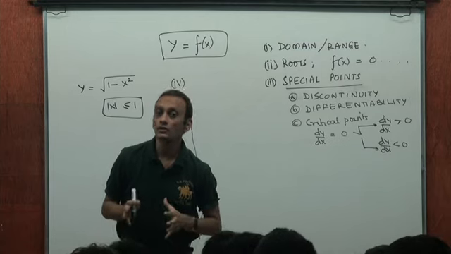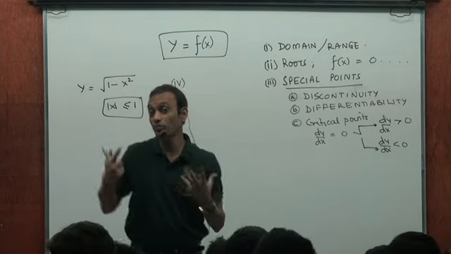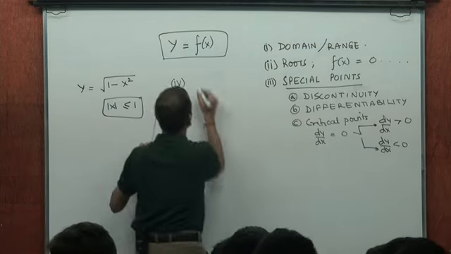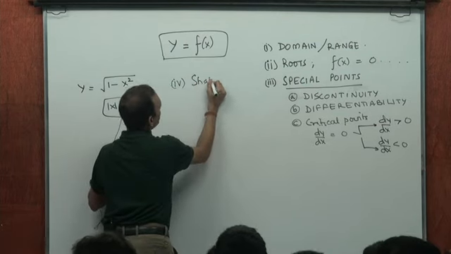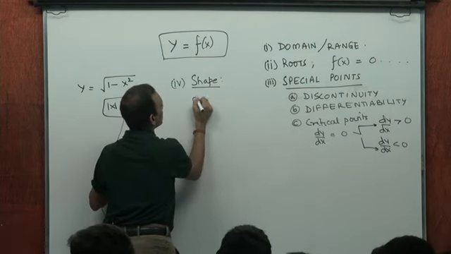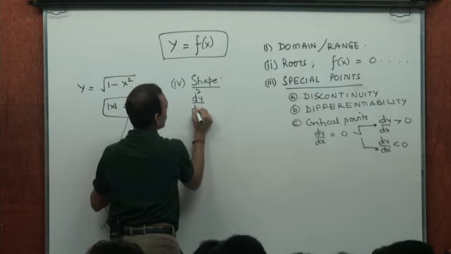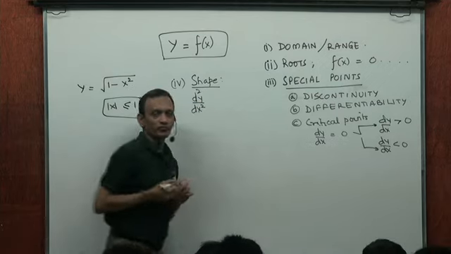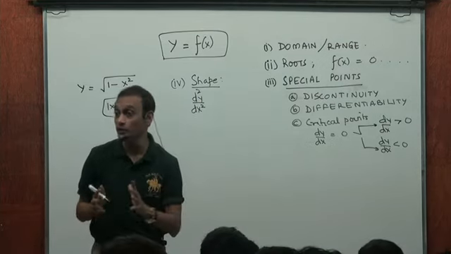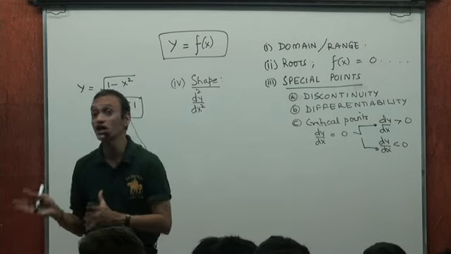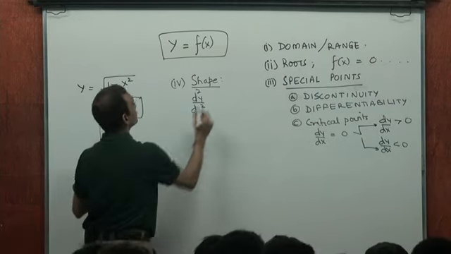Sometimes the shape of the curve, how do you check the shape of the curve? d2y/dx2. Check for this. If d2y/dx2 in an interval is greater than 0, then it's a concave curve.